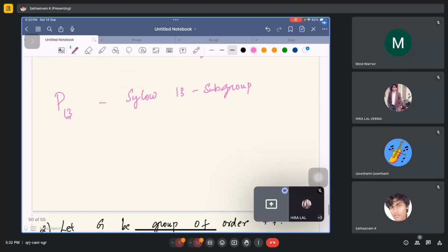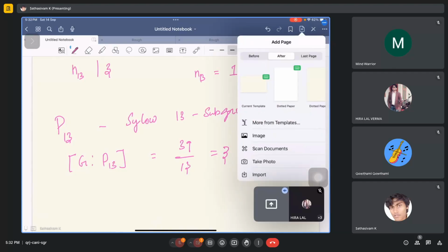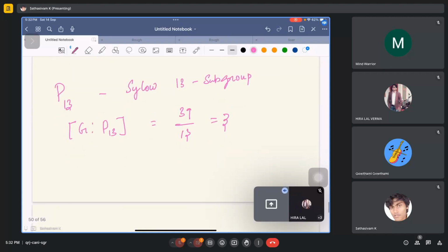So what is the index of P13 in G? So this is basically 39 over 13, which is 3. Your group has order 39, and P13 has order 13, of course, and the index is 3. So this is the smallest prime that divides the order of the group. So by the previous theorem, what you get is that P13 is normal.